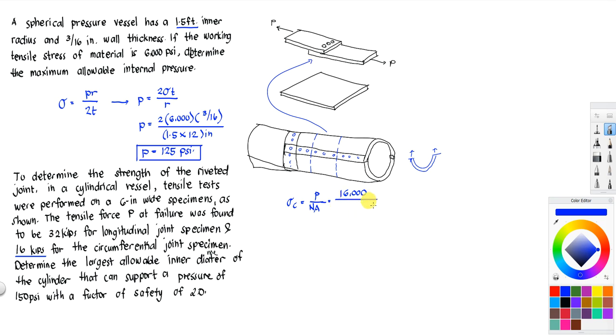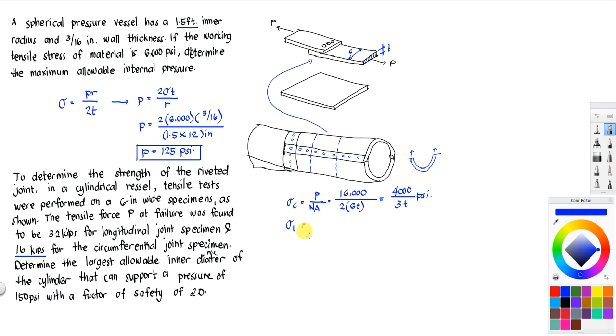And then again, the factor of safety is 2. And then the area, this is 6 inches times T, so this is your area. We can have it as 60. And this now becomes equal to 4,000 all over 3T. Again, this is in PSI.